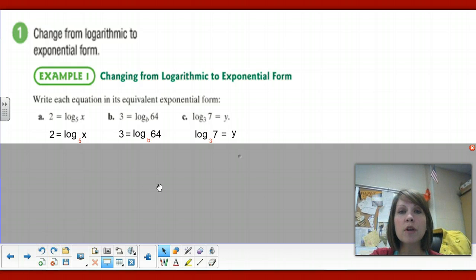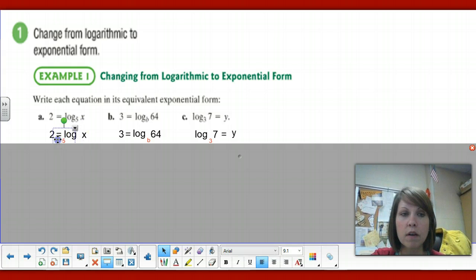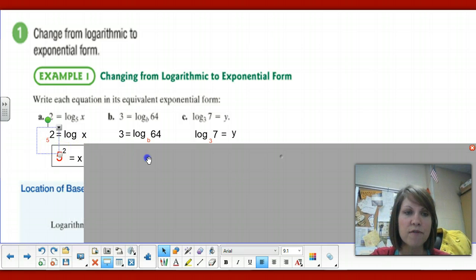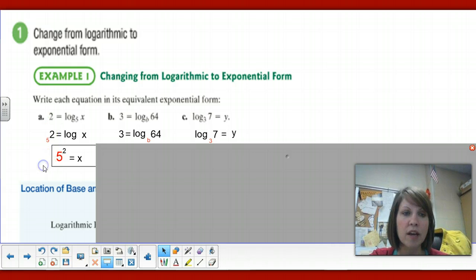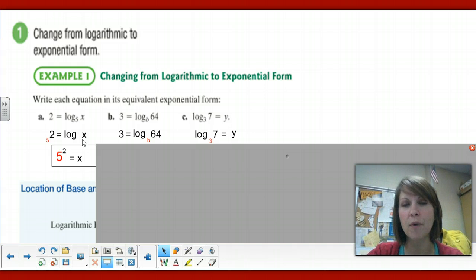So to put 2 equals log x base 5 into exponential form, that's where we're going to take the base and we move it over here, and it's actually going to pick up the 2. So it looks odd here, but it's 5 squared equals x. When you move the base, the log doesn't have a base to hold it up anymore. So the log goes away. That's just the way you can think about it.